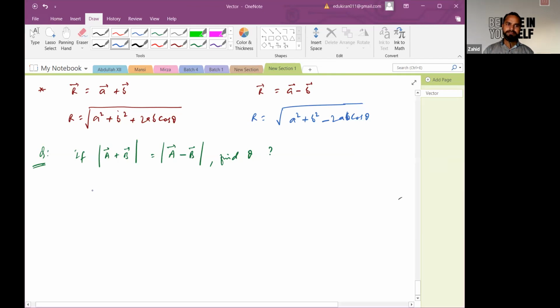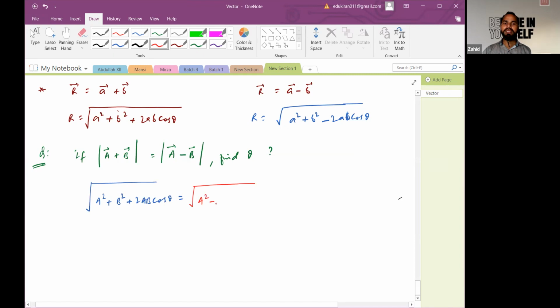So it will be root under A square plus B square plus 2AB cos theta equals to mod of A minus B, which means resultant in difference.